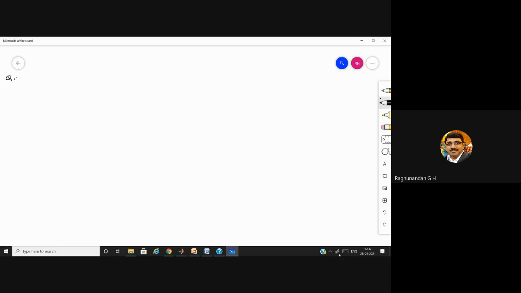There are similar kinds of circuits. I'll give it as an assignment. You just do it and upload it in the GCR. For the circuit shown in the figure, find IE, VE and VCE.